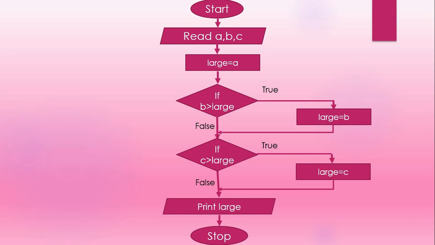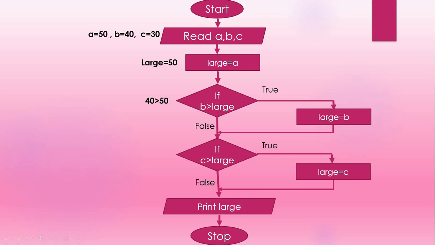Let us take some examples and try to understand how this logic works. If the value of A is 50, B is 40 and C is 30. Initially, we are assuming that the first number is large. So, large is equal to 50. Then it comes here and checks whether B is greater than large. Now in this case, 40 greater than 50, this condition becomes false.